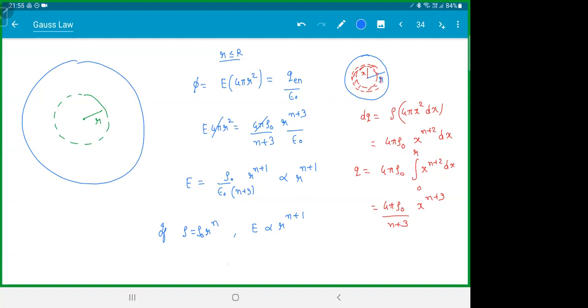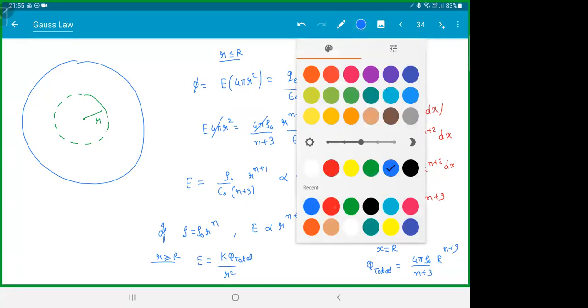Keep that in mind. If you put x equal to capital R, we get the total charge, 4 pi rho naught over n plus 3 times R to the power n plus 3. So for r greater than or equal to R, E is equal to k Q total by r squared. You just take it as a point charge at the center.